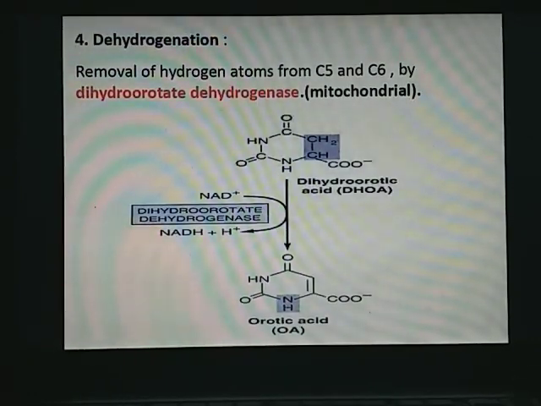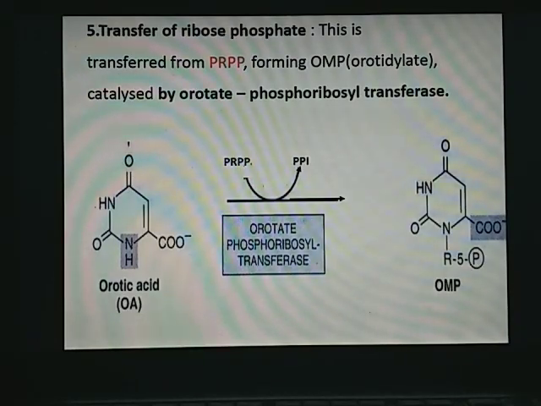Then the fourth reaction is dehydrogenation, where dihydroorotic acid undergoes dehydrogenation in presence of enzyme dihydroorotate dehydrogenase to form orotic acid.